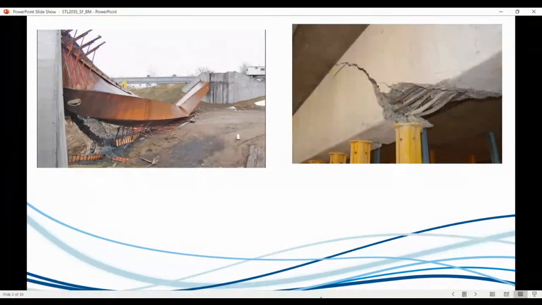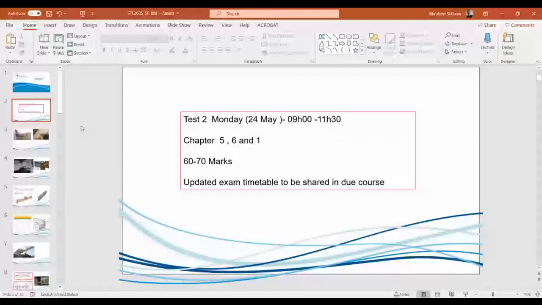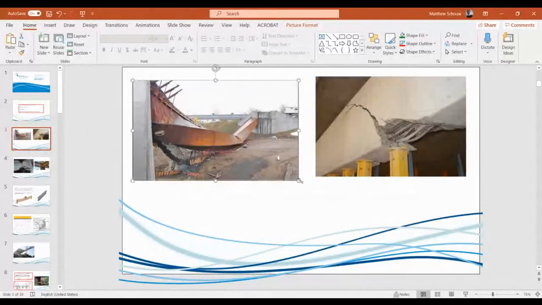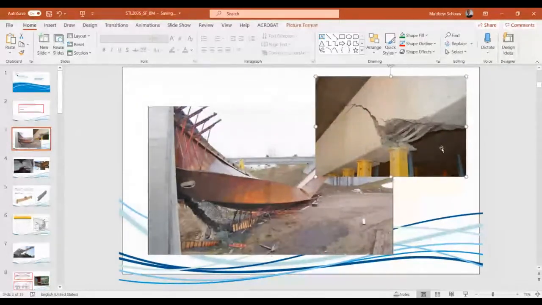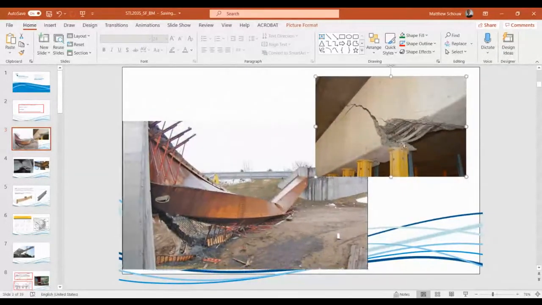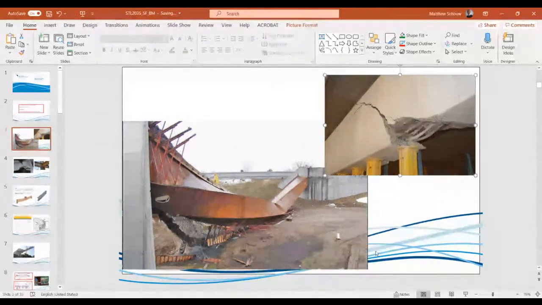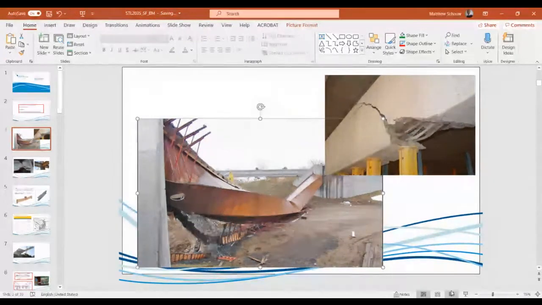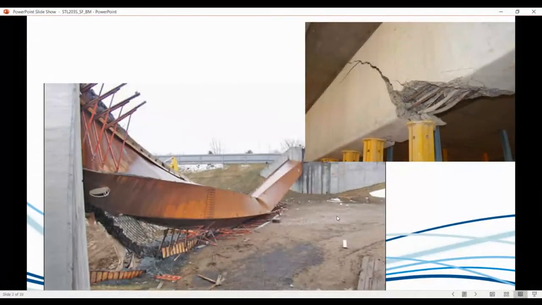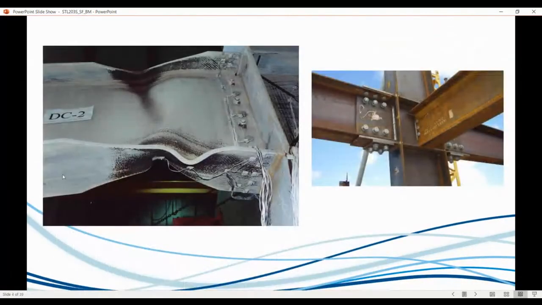So looking at these two pictures, what do you see happening here? Just bring this one forward. Does anyone have an idea? Can you guys actually see this?